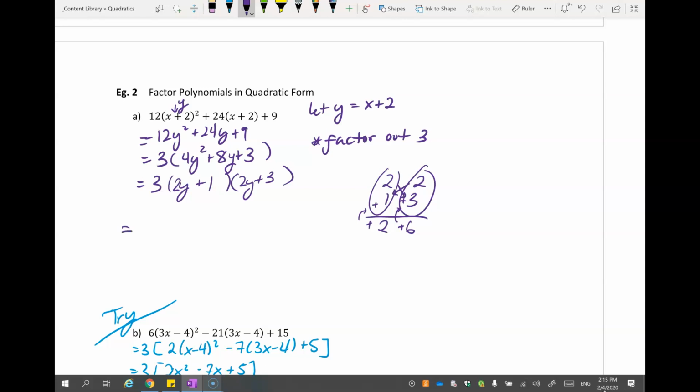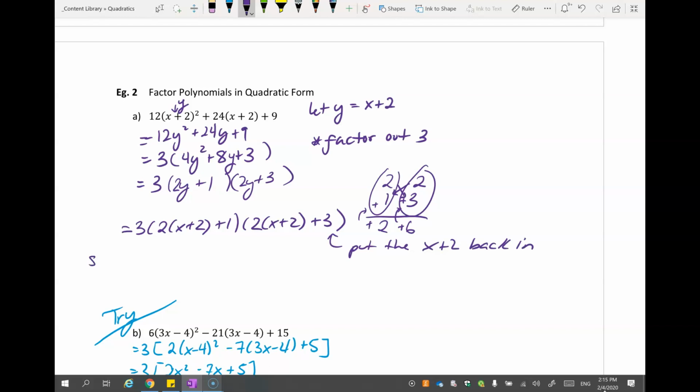Now we're almost done. It looks factored, but we also replaced x plus 2 with y, so we need to plug that back in. And we can't say we're done yet either because we have to simplify. So here we put the x plus 2 back in.